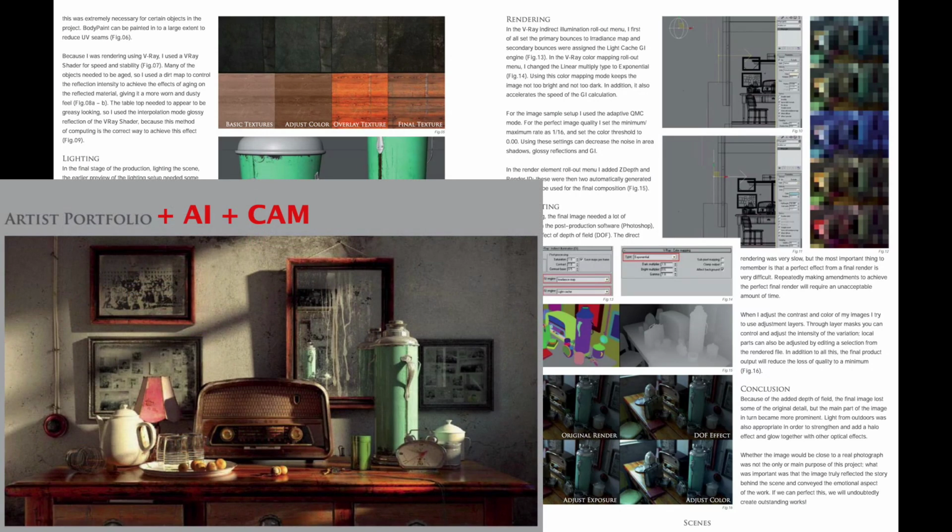We can have hundreds of images, unlimited points of view to that particular space and to these particular objects.